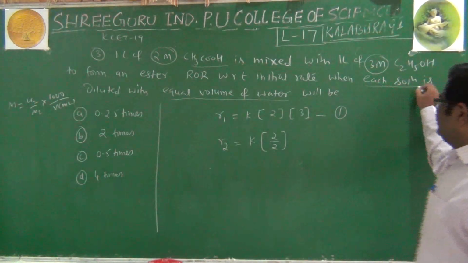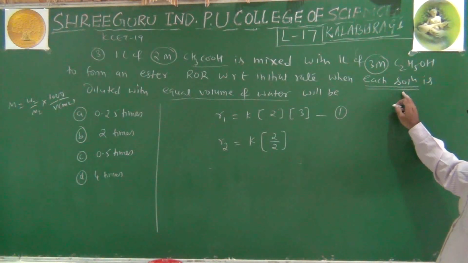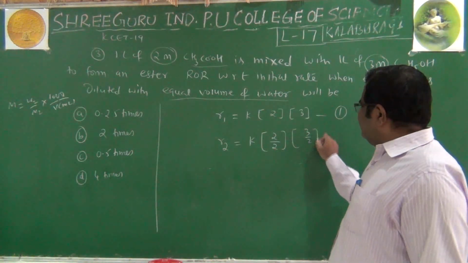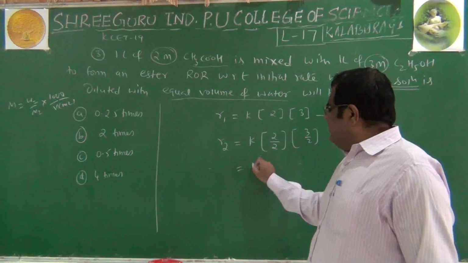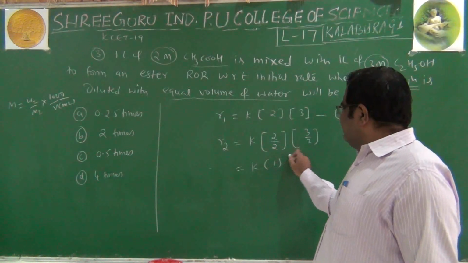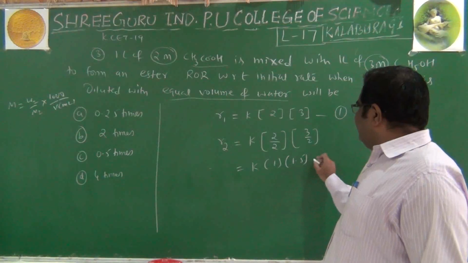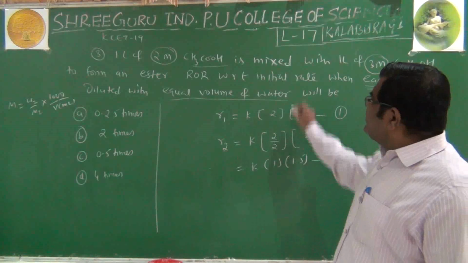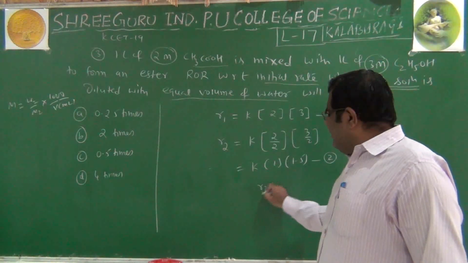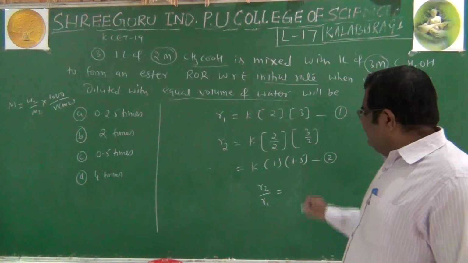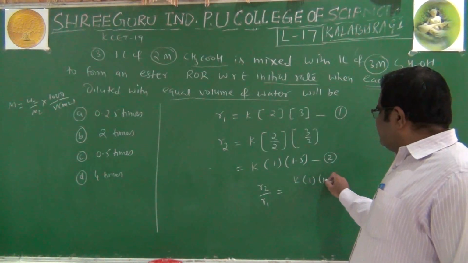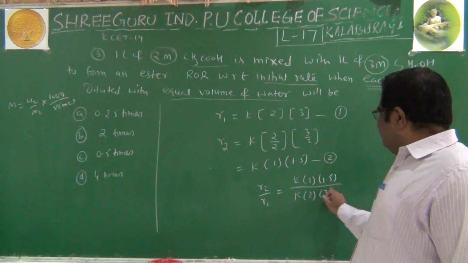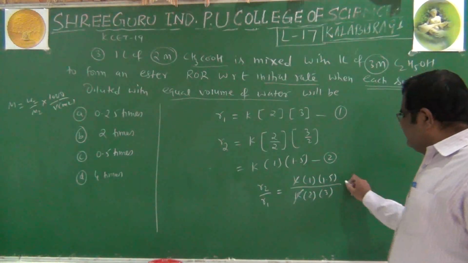They said each solution, so remember we have to note which solutions they are diluting. So this also becomes half. So we can say this is k, this is 1, and this is 1.5, and we write this as equation 2. Now the rate of reaction with respect to the initial rate means R2 by R1. This is k, 1, 1.5, over k, 2, 3. k we can cancel.